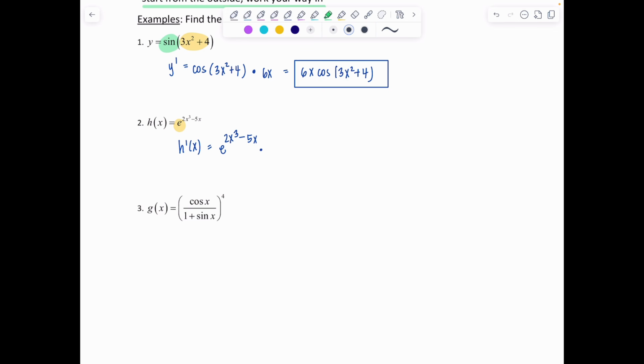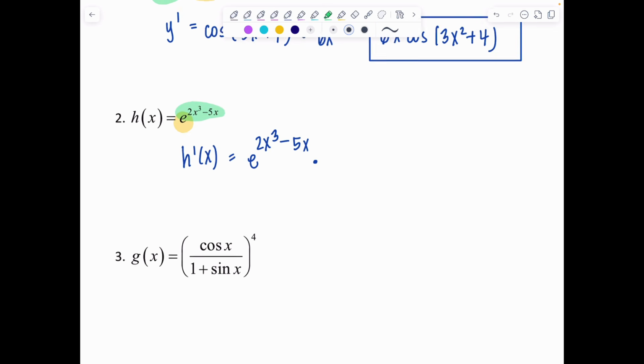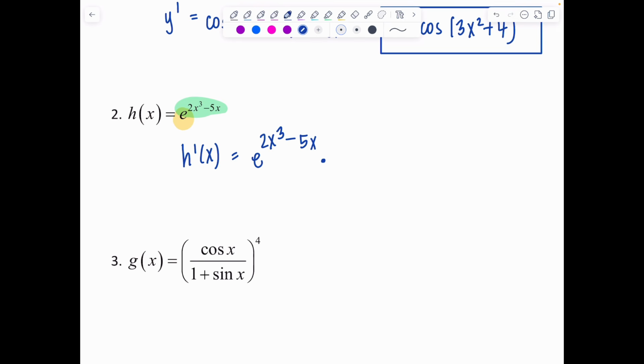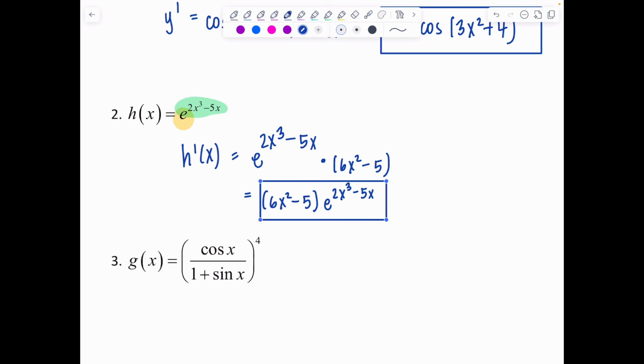So the derivative of 2x cubed minus 5x is going to be 6x squared minus 5. And then again, it'll look better if we put 6x squared minus 5 in front. Make sure you keep those parentheses, and then e to the 2x cubed minus 5x afterward. Okay? Very good.